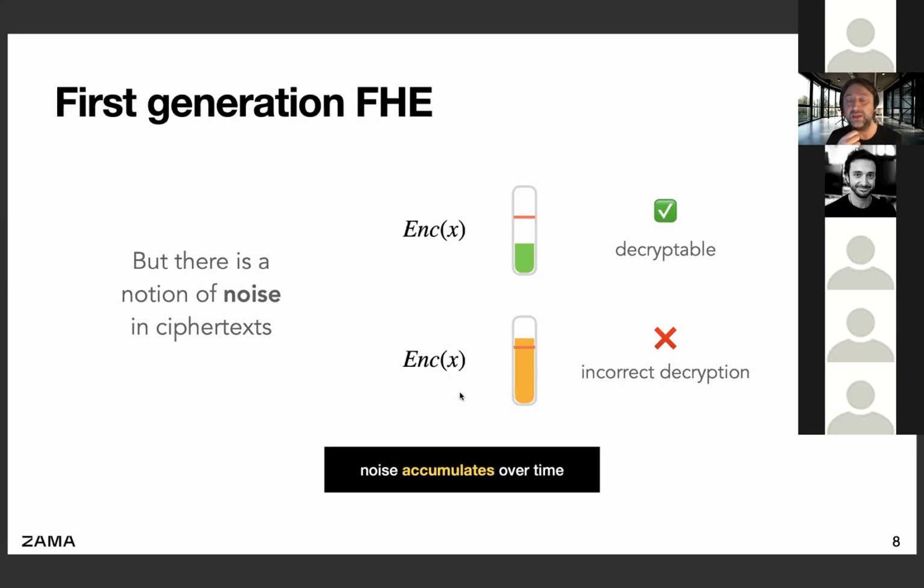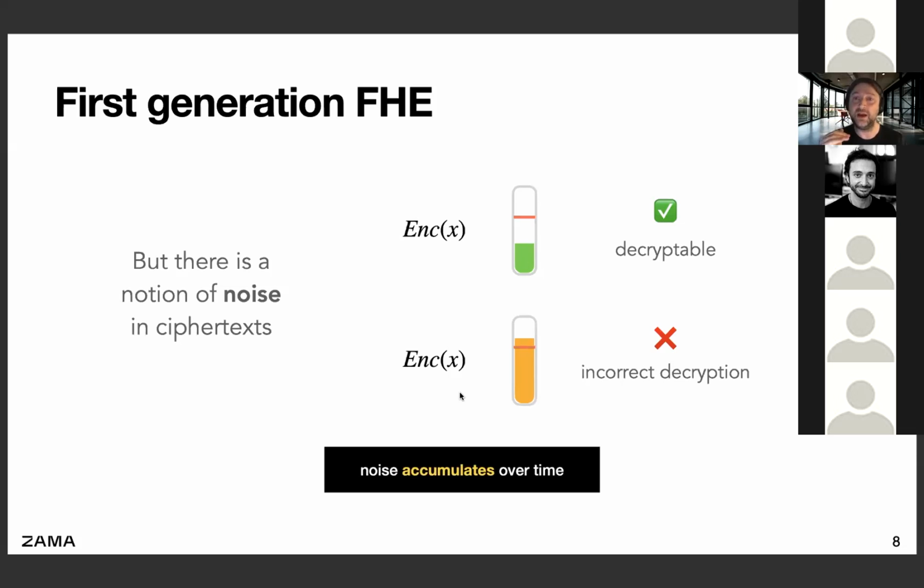And with FHE, you always have this kind of noise budget where, by just tuning the parameters, you create this space for the noise. As long as the noise remains below a certain threshold in the ciphertext, this ciphertext is correctly decryptable, meaning that the one with the secret key will be able to recover X. But if this noise exceeds the threshold, then the decryption is incorrect and you're losing the consistency of your computation.